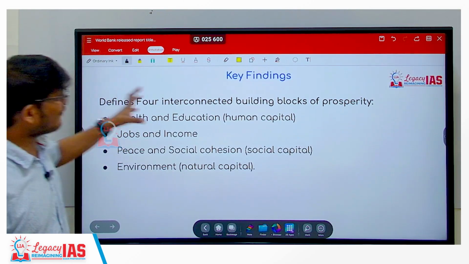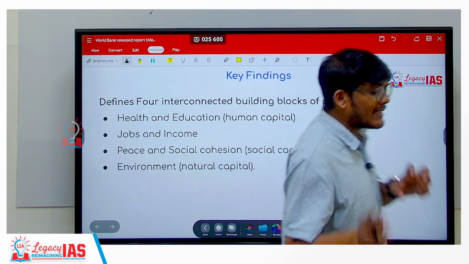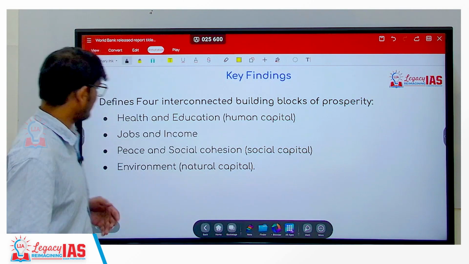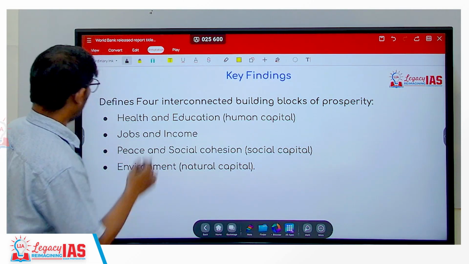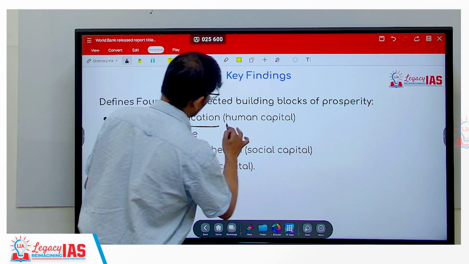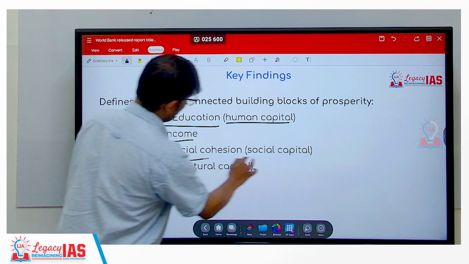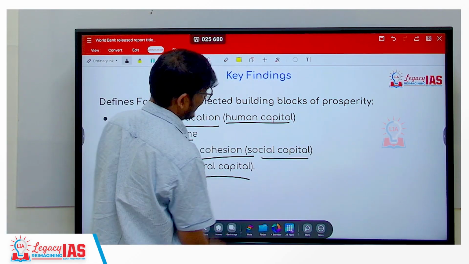Now, what are the key findings? The key findings talk about firstly the interconnectedness of four such things, or let's say four pairs of such things. So the very first is health and education, that gives you human capital; jobs and income; peace and social cohesion, that gives you social capital; and environment, that gives you natural capital.